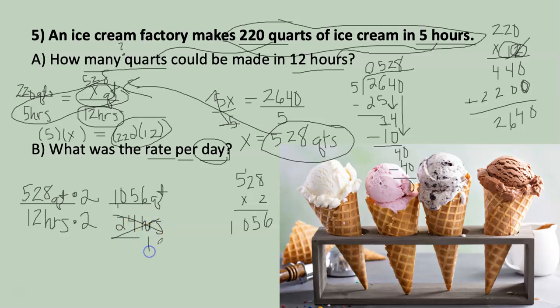So I can just cross out 24 hours and change it to 1 day. And if 1 is in the denominator, we've changed it to a unit rate. So our answer is that this ice cream factory can make 1,056 quarts per day. QPD, quarts per day.